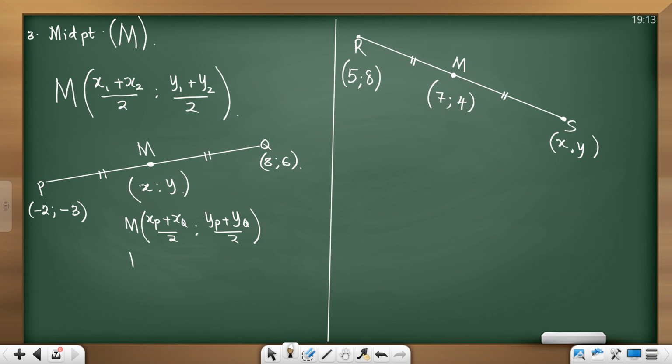It makes it very easy to pick my coordinates. What is the X value of P? -2. X value of Q, 8. 8 minus 2 is 6 divided by 2, that's 3. Y value of P, -3. Y value of Q, 6. 6 minus 3 is 3, so I have 3 over 2. We are done.